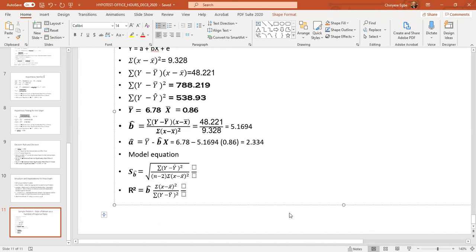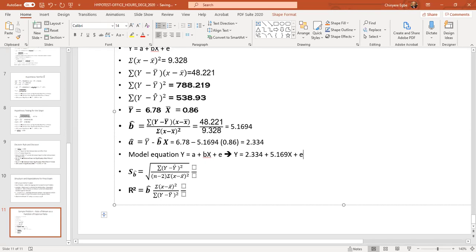The model equation y equals a plus bx plus e becomes y equals a hat, which is 2.334, plus, and b hat is a positive number, 5.169 times x plus e.